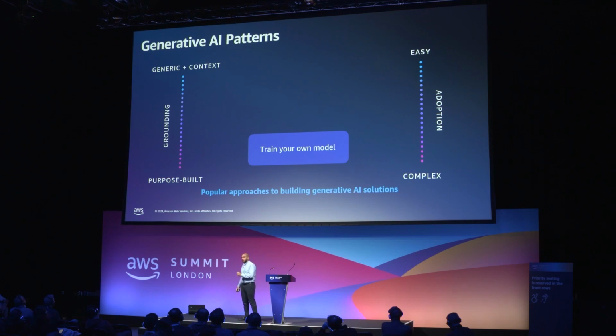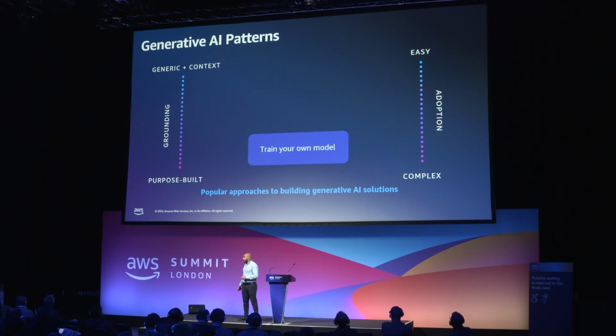The first dimension is adoption. How easy or complex is it to adopt this way of building a generative AI application? The second dimension is grounding. And what grounding means is connecting the output of the model to verifiable data to stop the generative AI model from hallucinating. So it's basically grounding the model in truth.